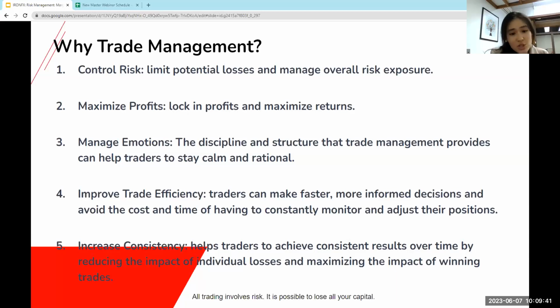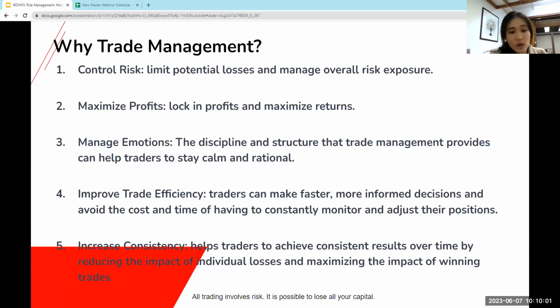Manage emotions. The discipline and structure that trade management provides can help traders to stay calm and rational even in volatile markets, which can prevent impulsive decisions driven by fear or greed. Next, to improve trade efficiency.